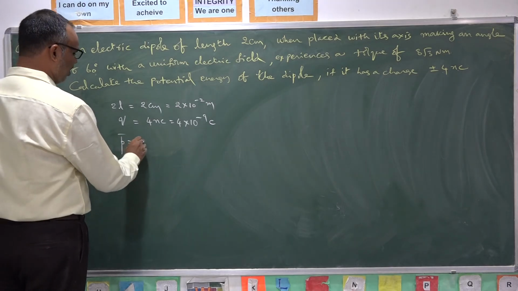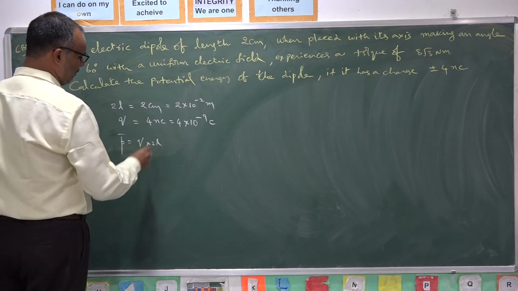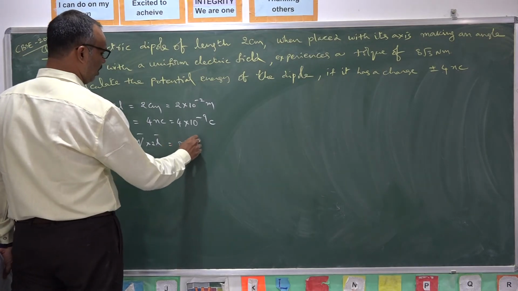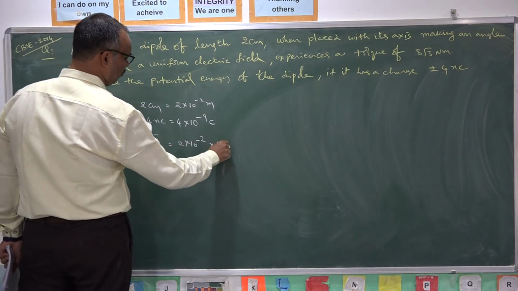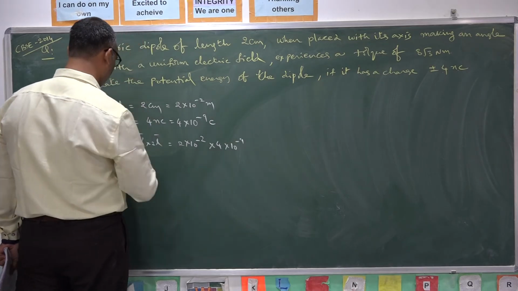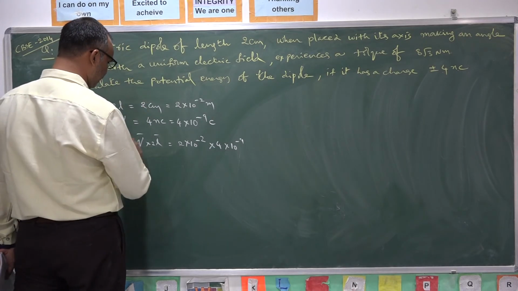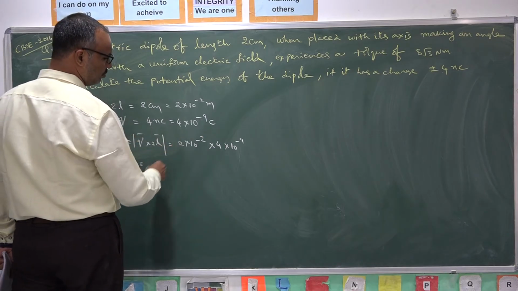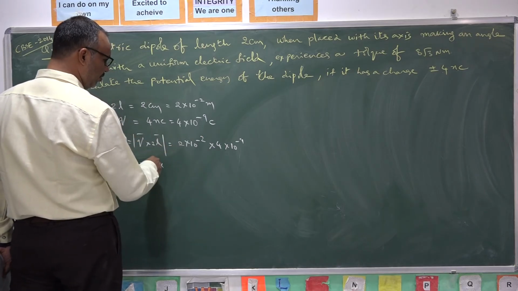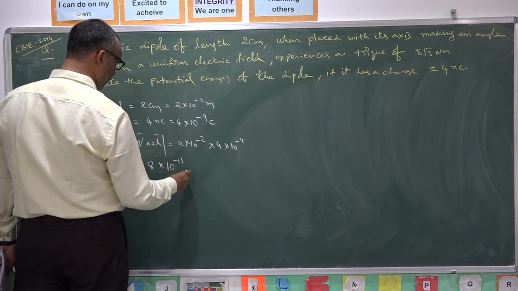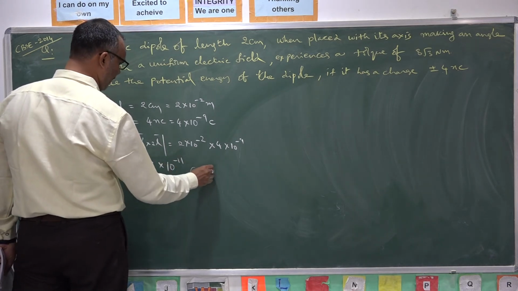Dipole moment is defined as Q into 2L, that is 2 into 10 power minus 2 into 4 into 10 power minus 9. Only magnitude I am calculating. Magnitude of the dipole moment is 8 into 10 power minus 11 coulomb meter.